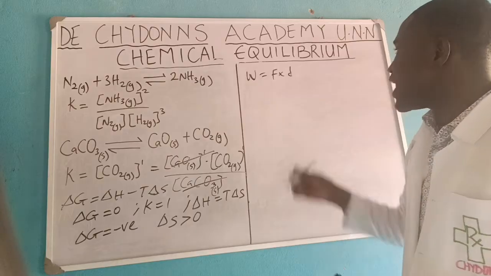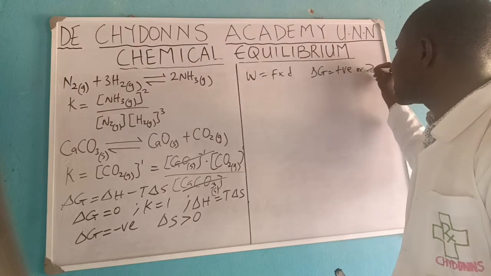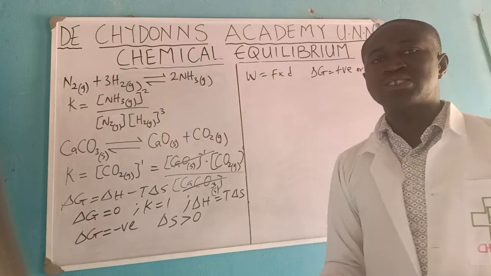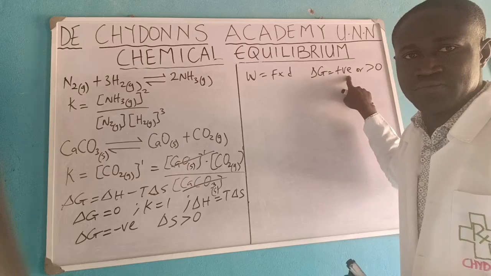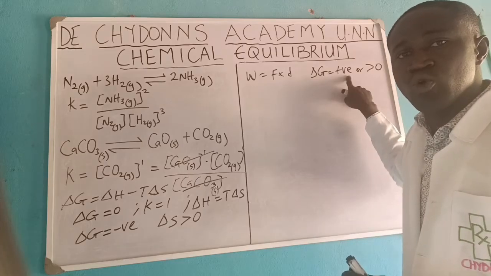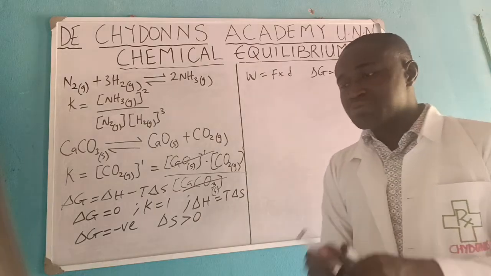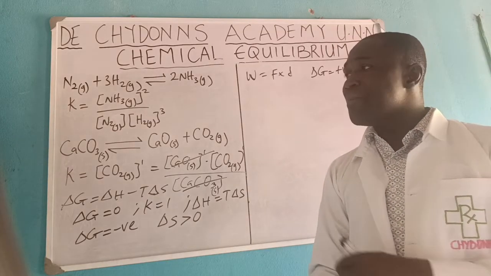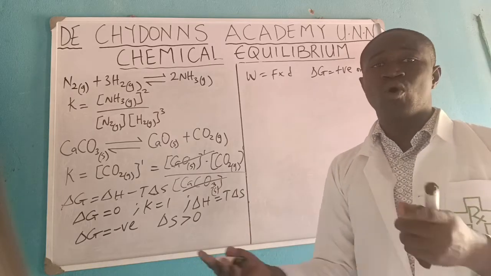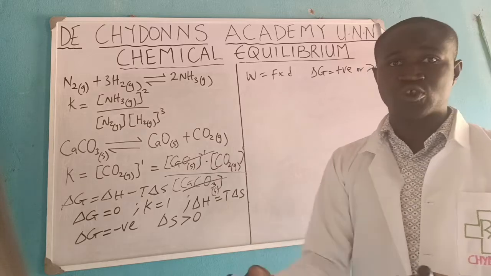That is when you will now say that change in G is positive, or greater than 0. That means the energy required to do work is applied. That is why this marker can move from down to up. Are you getting it? No matter how this energy was applied, whether you use charm to do it, it's still force that you apply.